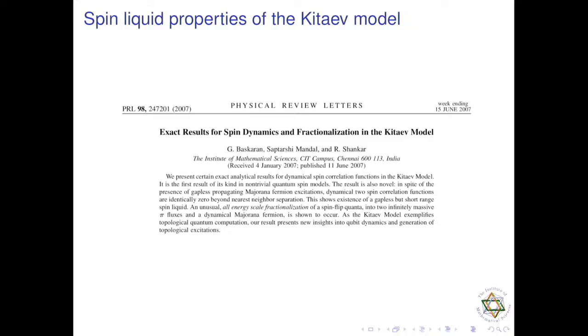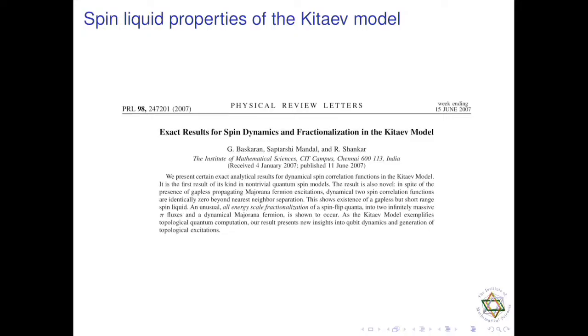Now we'll come to the spin liquid part. This was the paper on the Kitaev model, a paper that I had shown earlier, where we had given a frustrated antiferromagnet which was exactly solvable and showed the existence of spinons.